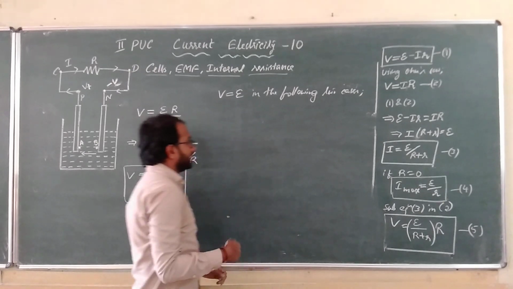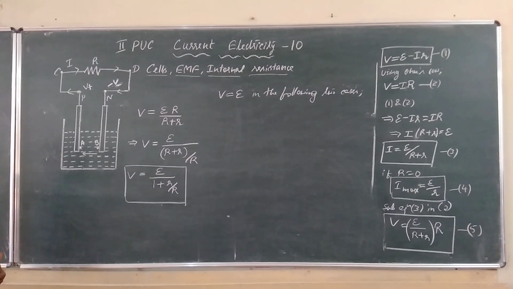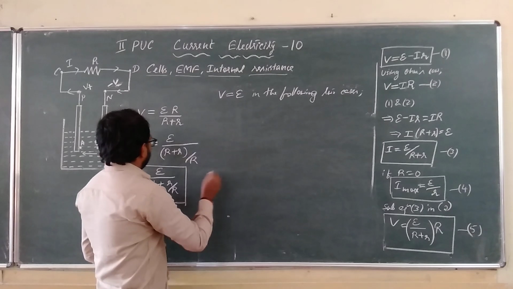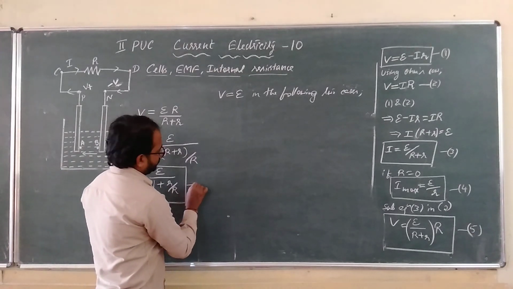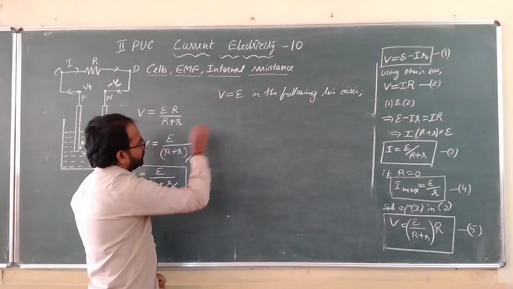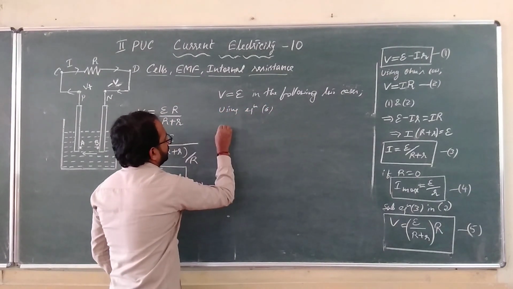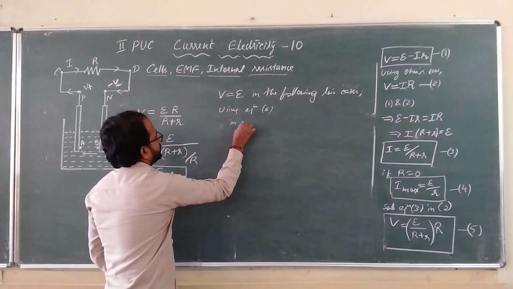What are the conditions at which the terminal potential difference across the cell is equal to the EMF of the cell? Say this is equation 6. Using equation 6.